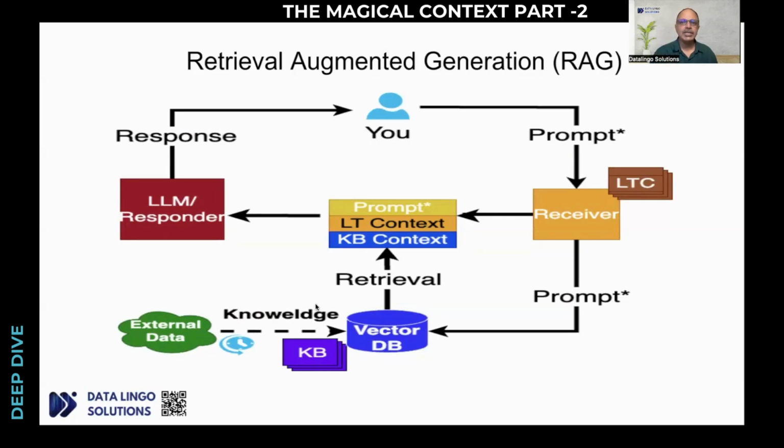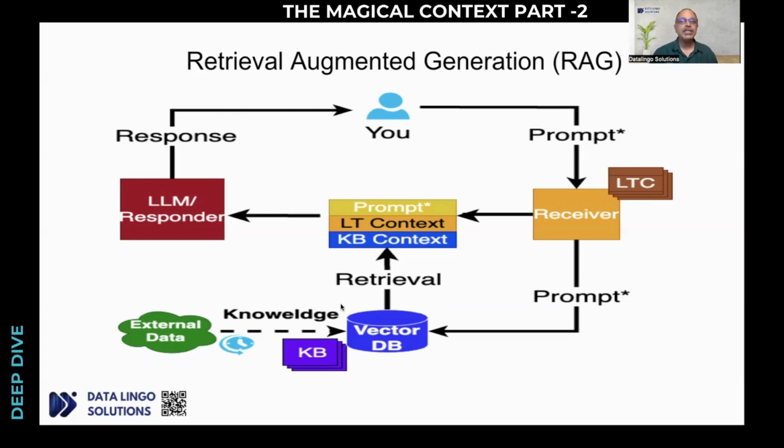Its knowledge base is curated from external or private data sources and can be periodically updated to keep the data fresh. The receiver module not only appends the context to the prompt, but also sends the prompt to the vector DB.